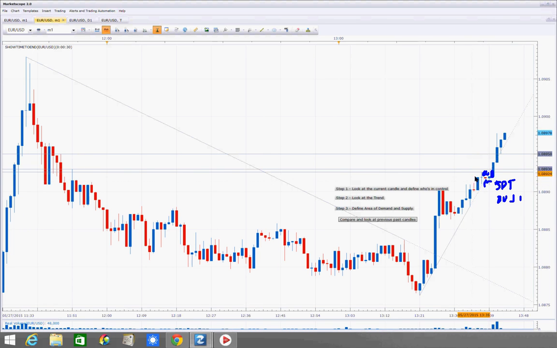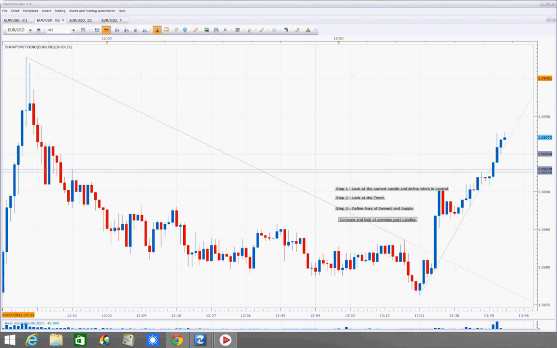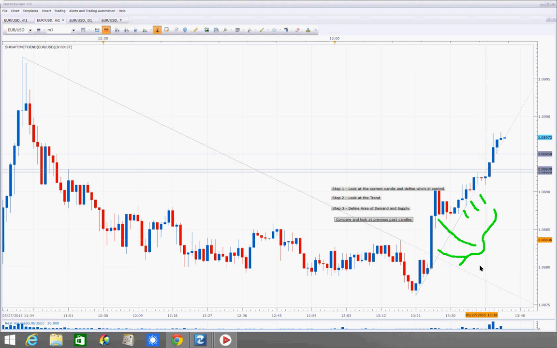Right, so if you're looking at that, these especially, they have force or momentum, especially this.